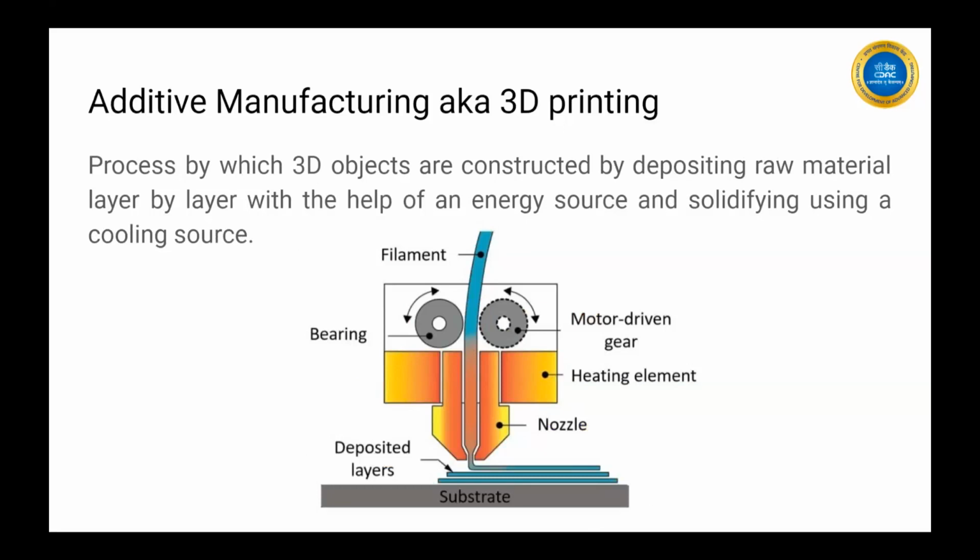If you remember what I explained about subtractive manufacturing, in that we need a block of material in the beginning itself. But here there will be only a build plate, onto which material is deposited, and it is either sintered or melted, or there are a lot of processes involved in that.